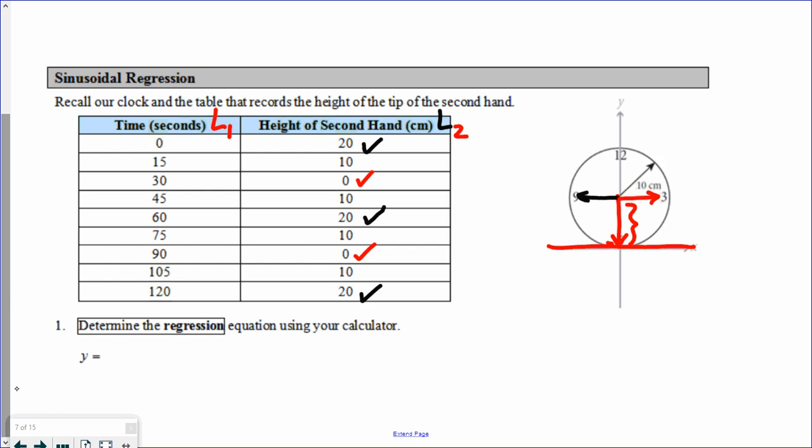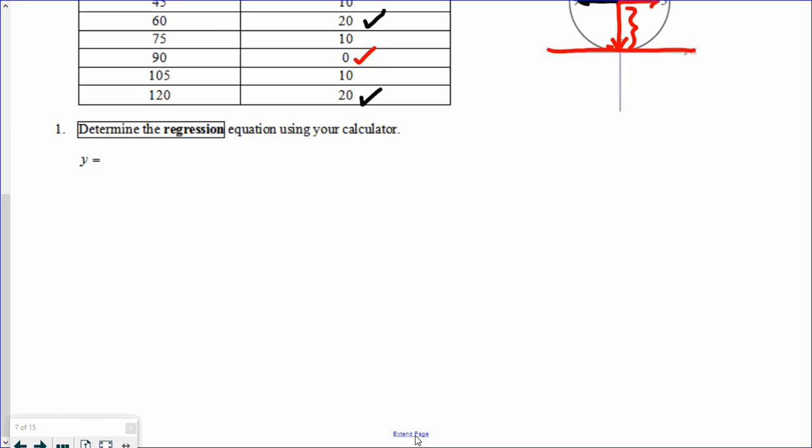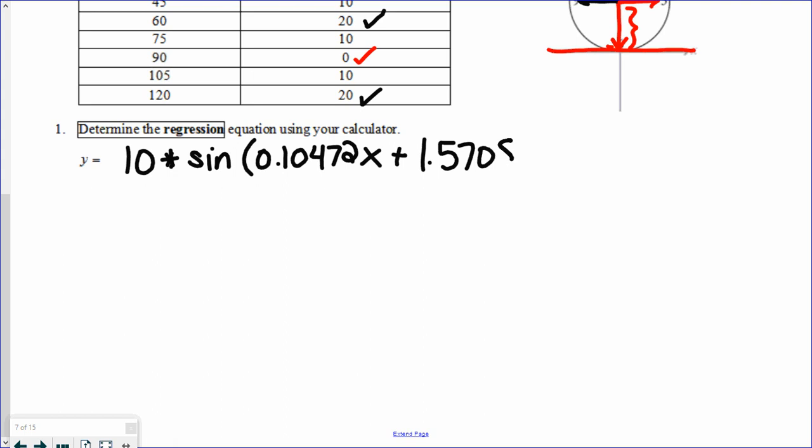So the regression equation from those data points, what we get is 10 multiplied by the sine of 0.10472x plus 1.5708, plus 10. So those might be rounded values. I don't have a calculator right in front of me to double check, but some of those might be rounded values.